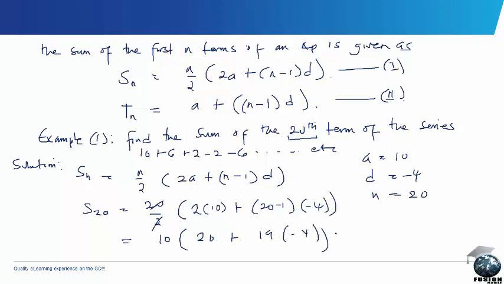From this point we have 10 outside the bracket, 20 plus minus 4 times 19. 4 times 9 gives us 36, carry 3. 4 times 1 is 4, plus 3 you have 7, and so we have minus 76. And so we have 10 in the bracket of 20 and minus 76.